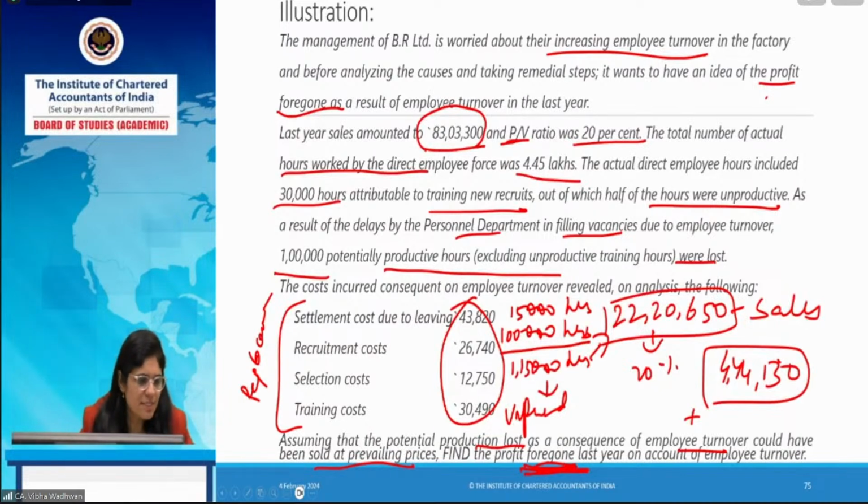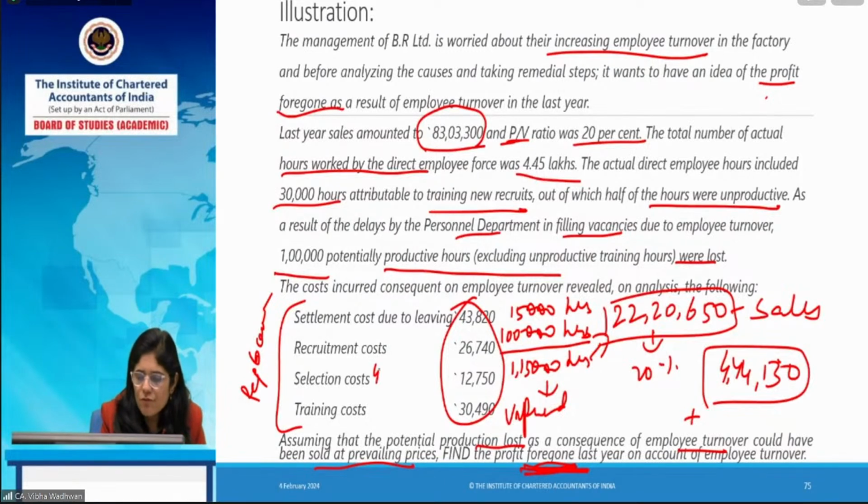Very good. Yes, this is the sales and this is the profit plus all the replacement cost this company has incurred. All right. So this is all about the entire effect of labor turnover and the cost which the company is incurring. So I have a good last question. Yes. So I hope you have understood. 557, okay, 557 must be the total.